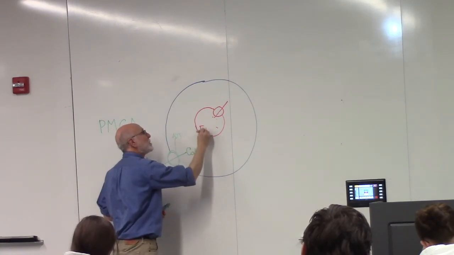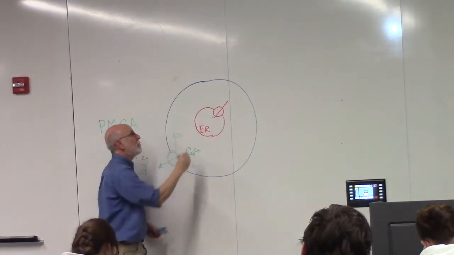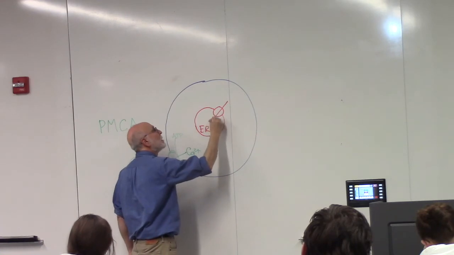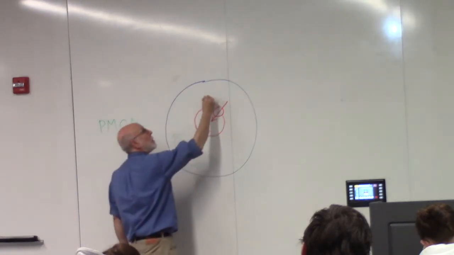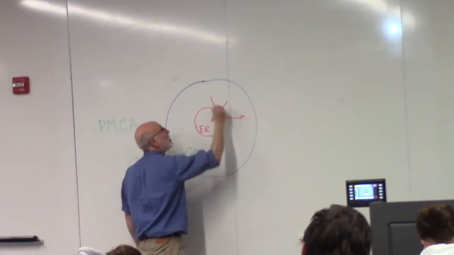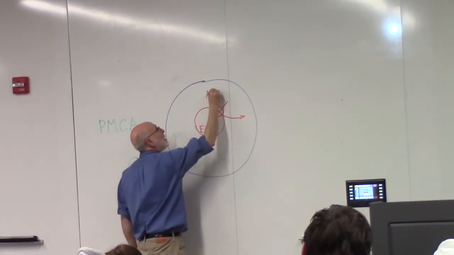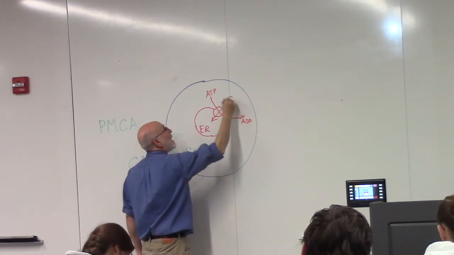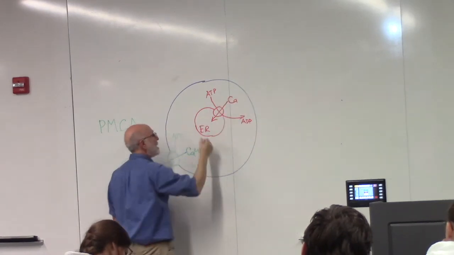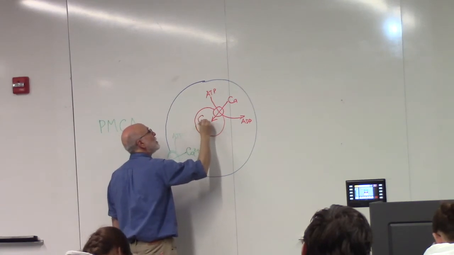Here's the endoplasmic reticulum, the world's simplest, dumbest version of the ER. Here is a primary active transporter that pumps calcium from the cytoplasm into the lumen of the ER.